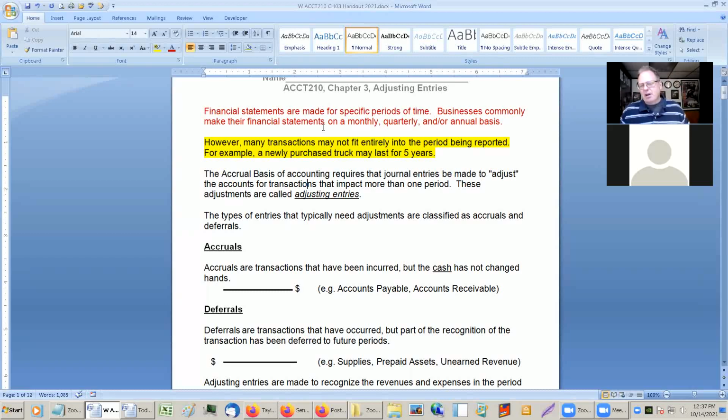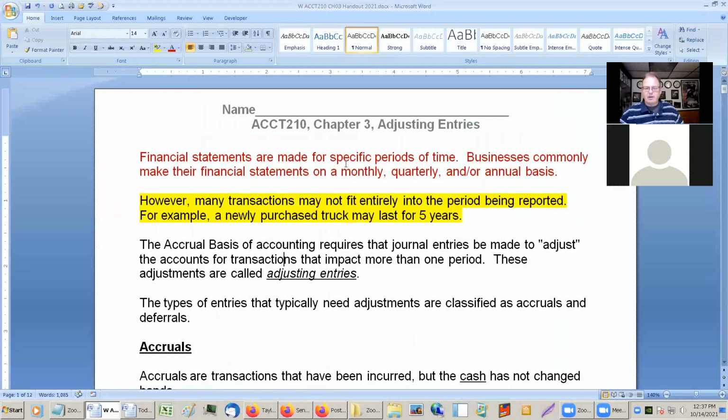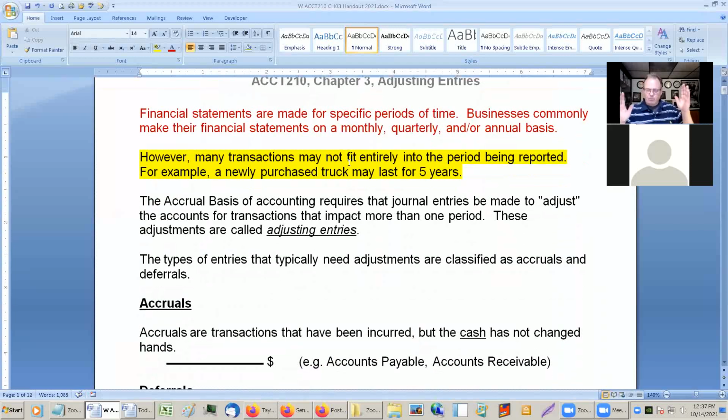Sometimes you hear it called an artificial period. We have an artificial period of 1 year, even though these transactions have been going for many years, and we have to fit everything into it.